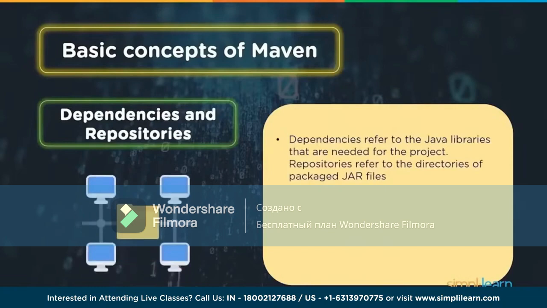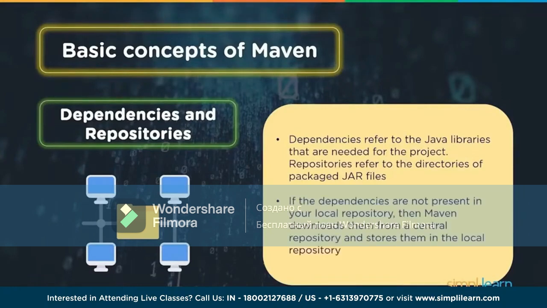Right, now the second thing is dependencies and repositories. Dependencies usually refer to Java libraries which we need in our project. While working on the project, we may depend on a couple of dependencies. We have to download or refer to these dependencies from the Maven repositories.